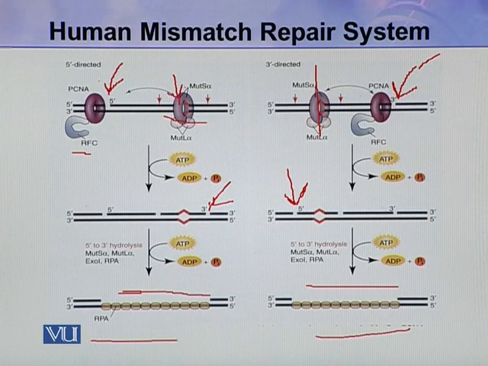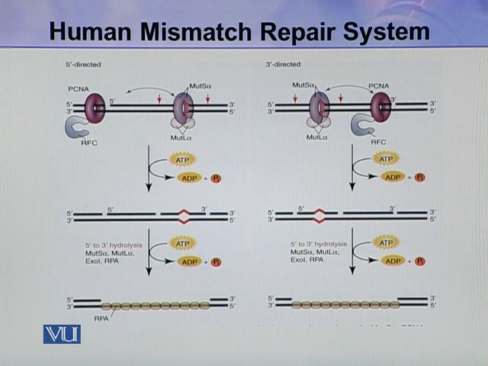Both these reactions, and similarly these reactions here, are coupled with the production of energy from ATP hydrolysis. So this is a brief of the human mismatch repair system.